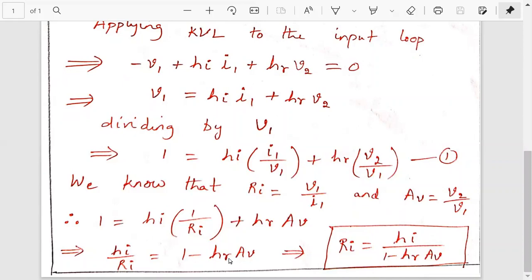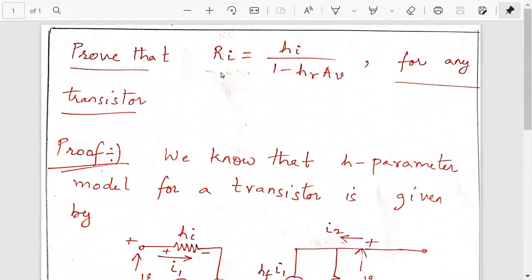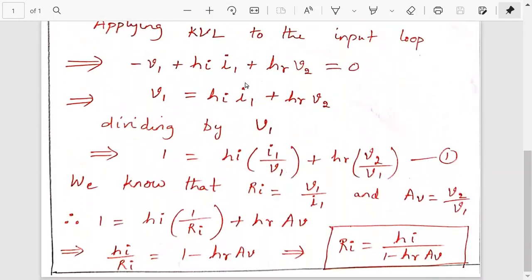Now we are interested in finding Ri. So let's cross multiply: Ri goes to the right-hand side, and the term we have here goes to the left-hand side. So Ri will be simply Hi by 1 minus Hr into Av.